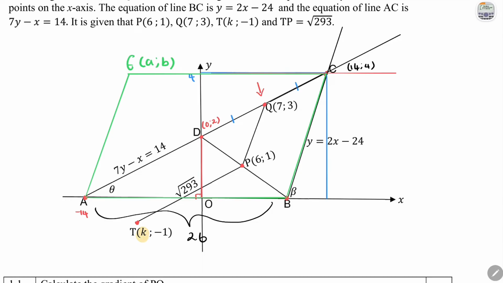So one of the easiest ways to deal with this type of question is to use this property about parallelograms: the diagonals will always bisect each other. And what that means is if this line AC is bisecting this diagonal BE or EB, then the midpoint of AC is exactly the same as the midpoint of BE.